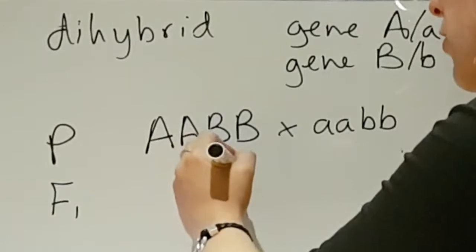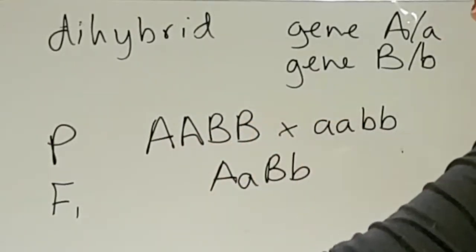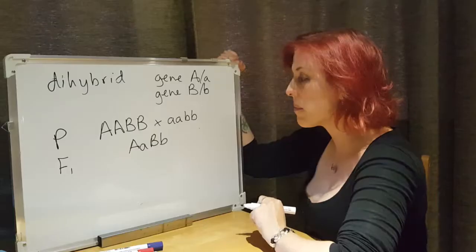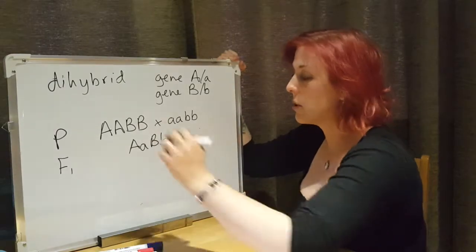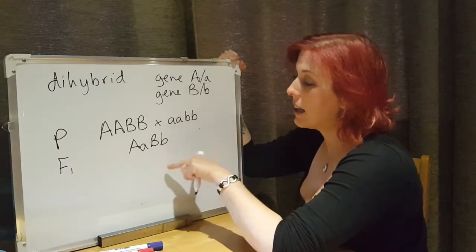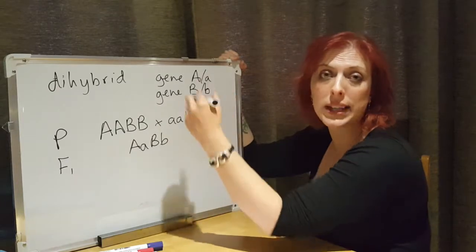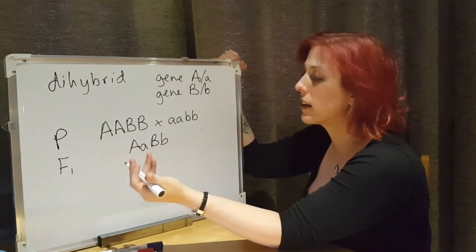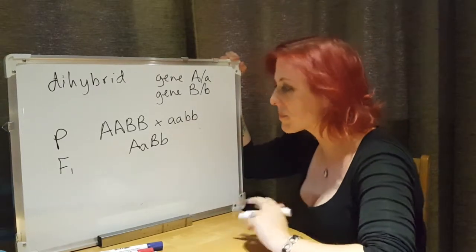All of your F1s will be heterozygous with respect to both genes. This is where the complicated bit comes in, and this is where you will see why I haven't drawn the genetic diagram showing the arrows pointing where the gametes are going into the zygote. This becomes extremely difficult to visualize.